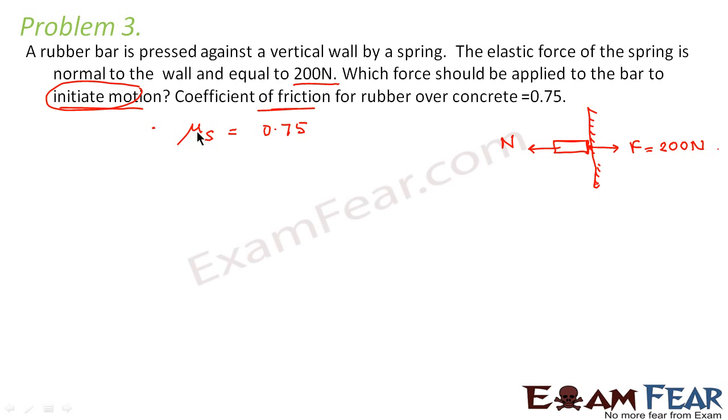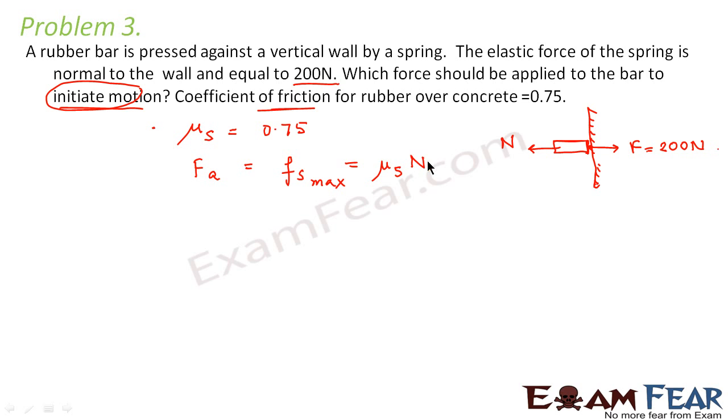And we know the coefficient of static friction is 0.75. So which force should be applied to the bar to initiate motion? Now to initiate motion, the applied force Fa should be equal to the Fs maximum value, that means the maximum value of static friction.